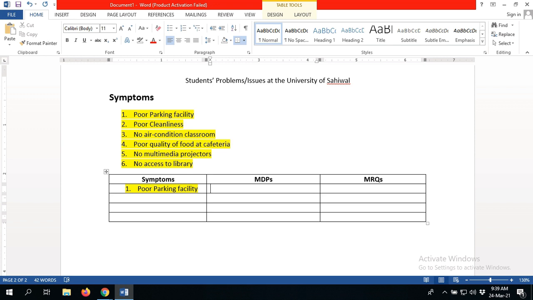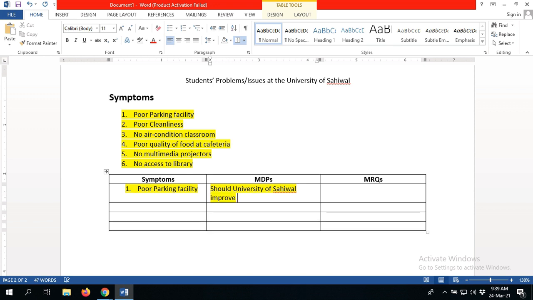So we will write the decision from the management perspective: should the University of Saiwal improve its parking facility?